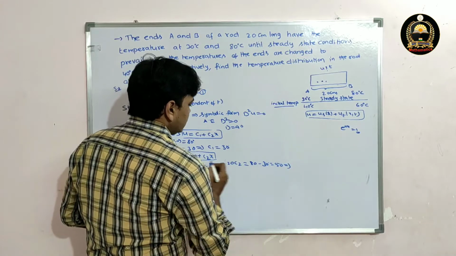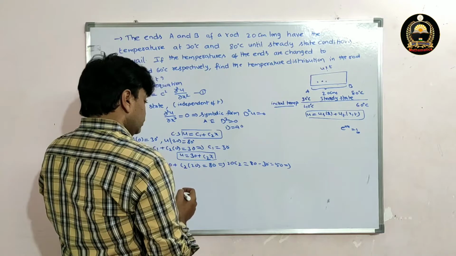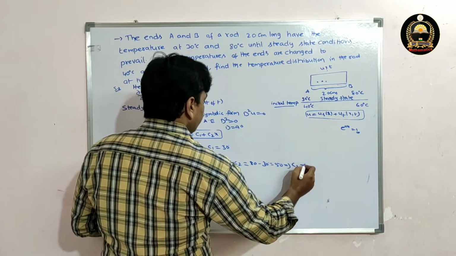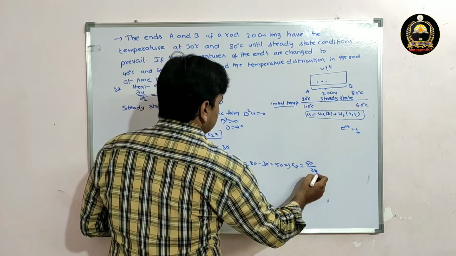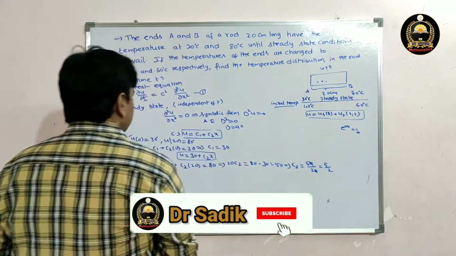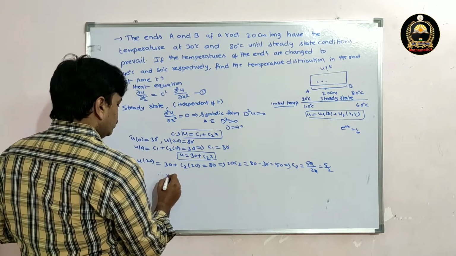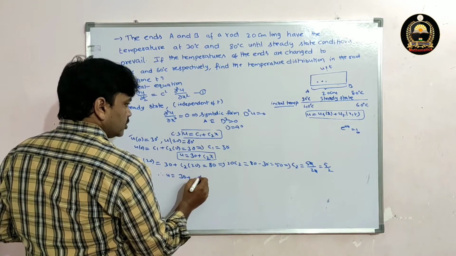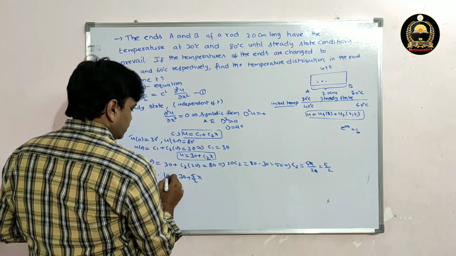That implies c2 value is 50 by 20. Cancelling the zeros, we get 5 by 2. Therefore u is equal to 30 plus c2 value, 5 by 2 into x.